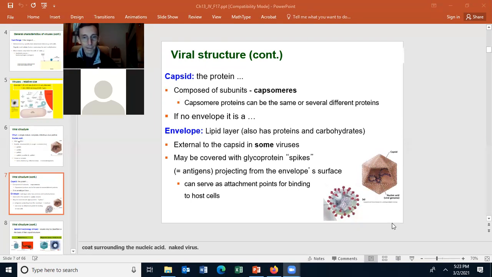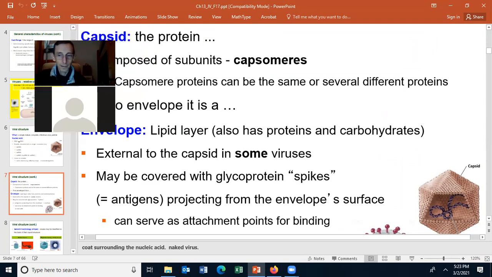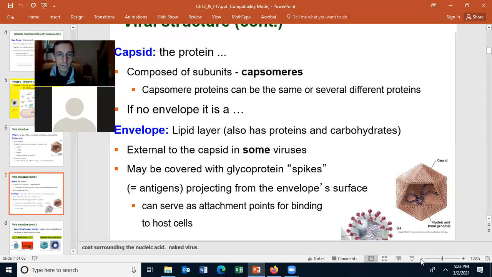Let's blow that up a little bit. So on this virus here, you can see each of these is one protein, and there's a lot of proteins to make the protein coat.